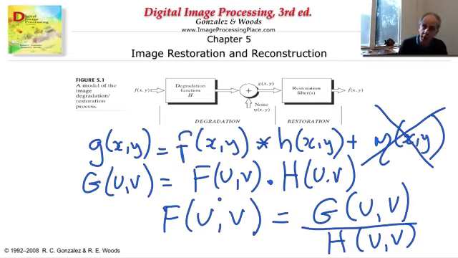It has some fundamental problems, in particular because there is no guarantee that this H(u,v) is always different from 0. Actually, for realistic scenarios, it has either some zeros or is very close to 0 for some values of u or v. But the general idea is very, very good: if we have knowledge about this degradation function, then we can try to invert it.